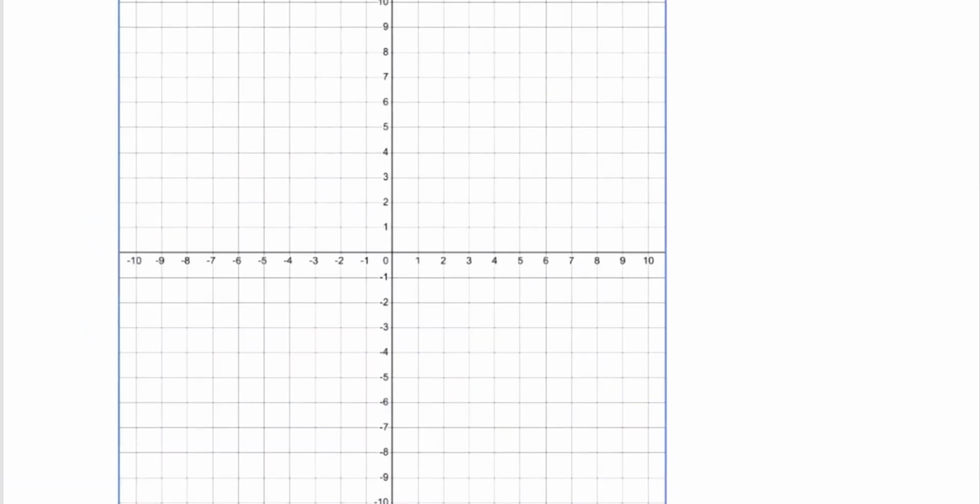We have our vertical asymptote at 3, x equals 3. And at x equals negative 2. The horizontal asymptote was the x-axis, y equals 0.